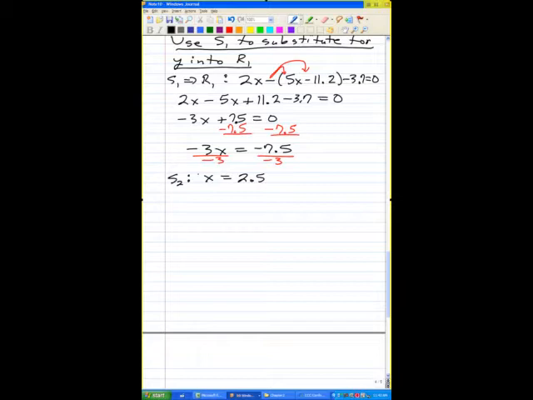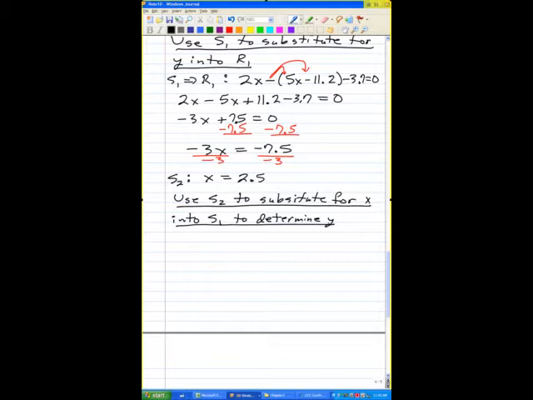Now let me use S2 to substitute for x into S1 to determine my other variable y. So I'll do S2 and substitute into S1.